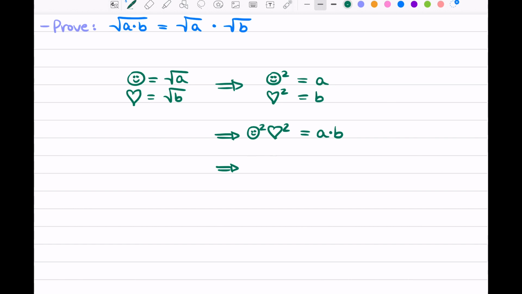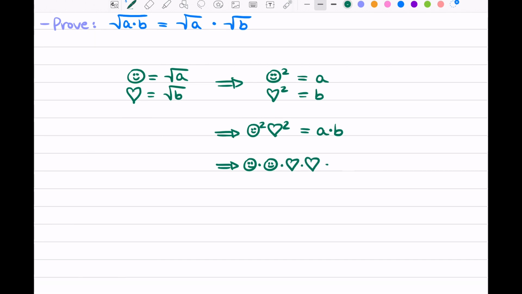We're going to rewrite this as smiley face times smiley face times heart times heart equals a times b. We'll rewrite this again. We can multiply numbers in any order, so we're going to write this as smiley face times heart times smiley face times heart. And that's equal to a times b.